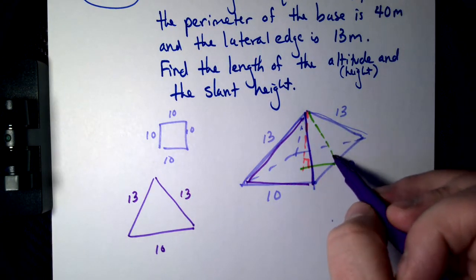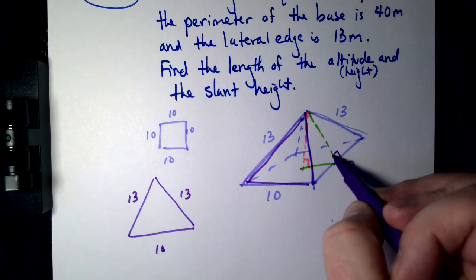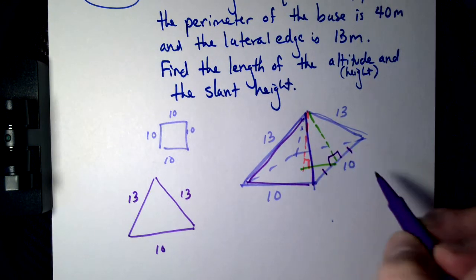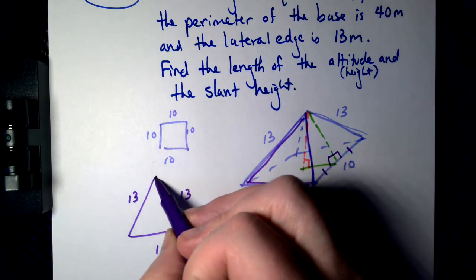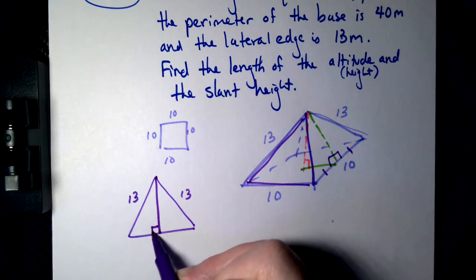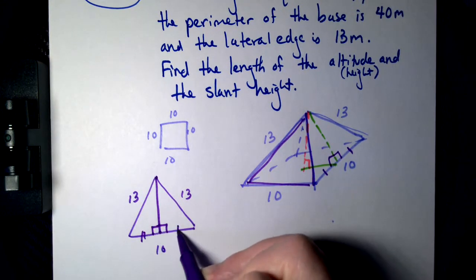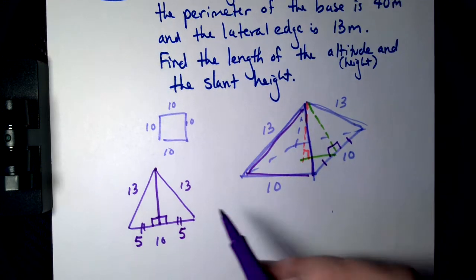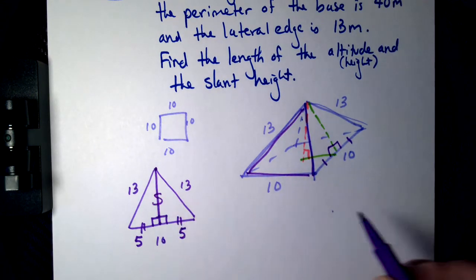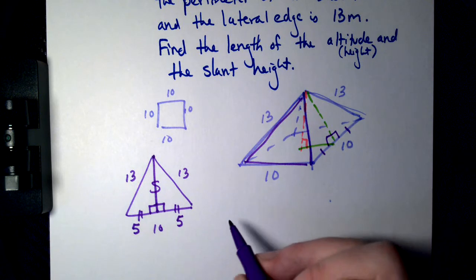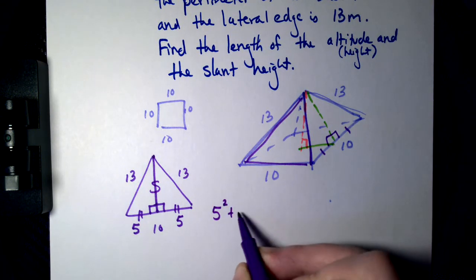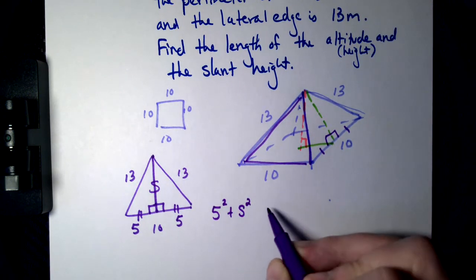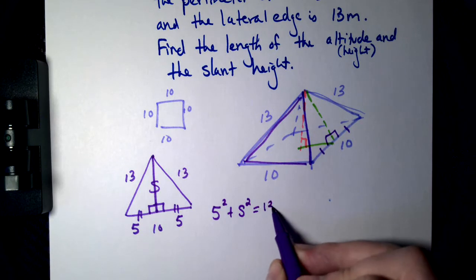When you draw the slant height in, it's a perpendicular bisector. It's perpendicular, and it splits the side in half, so that 10 becomes 5 and 5. We're going to find the slant height, I'll call it S. So 5 squared plus S squared equals 13 squared.